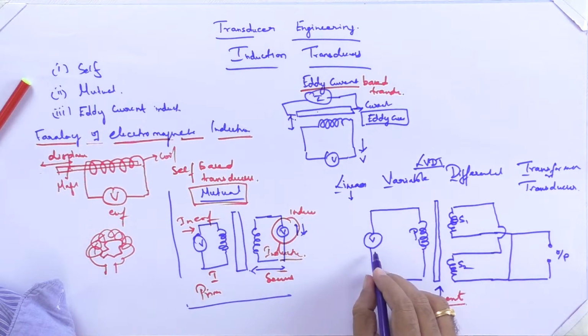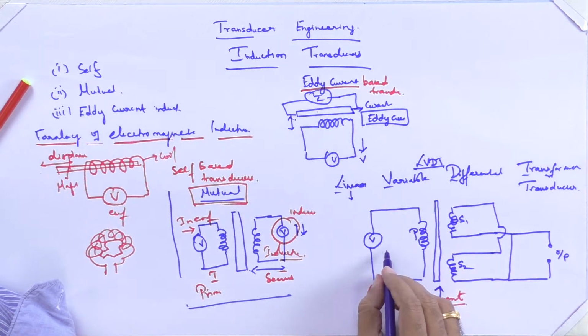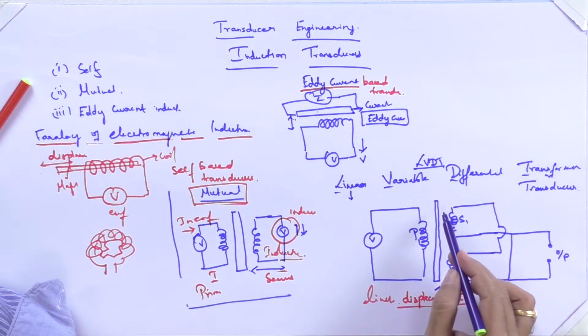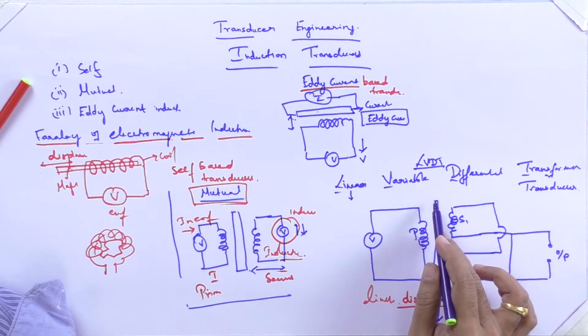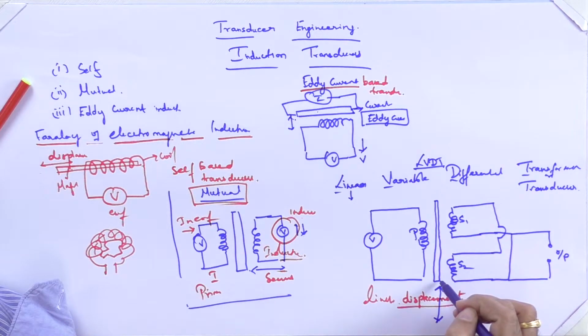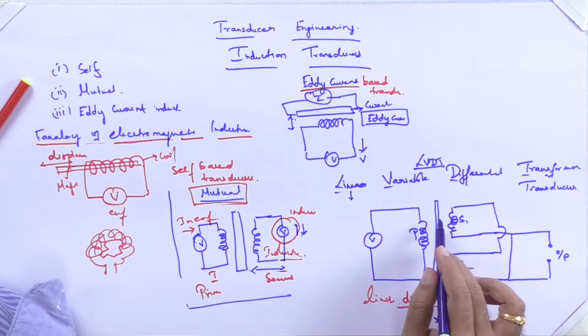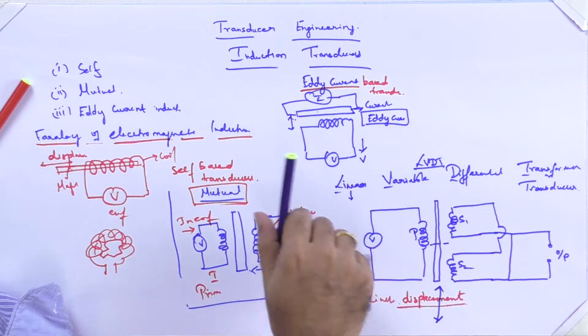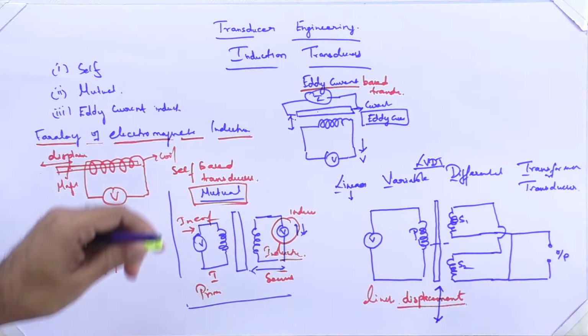There occurs a voltage over here, and you get a displacement when the rod comes inside. The deeper it reaches toward S2, the higher the voltage you get, and the nearer it is to S1, the lower the voltage, and when it is in the mid position it gives you 0.